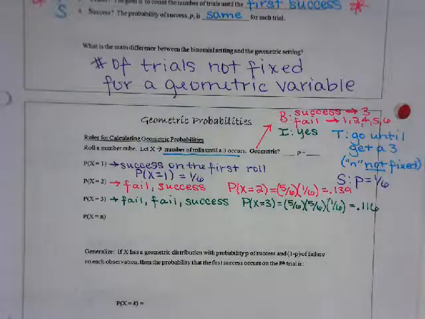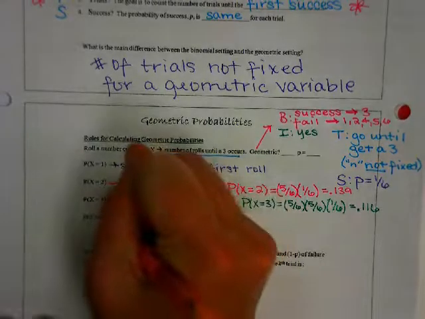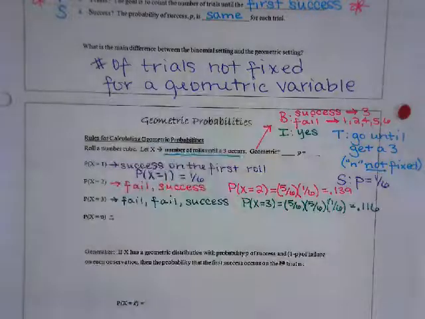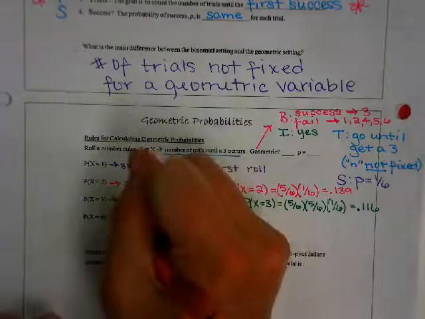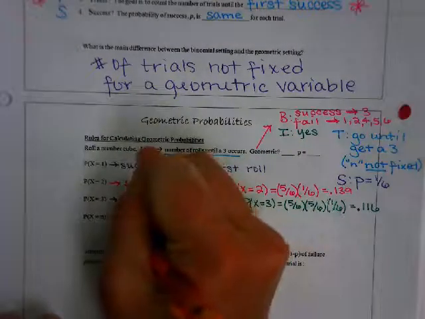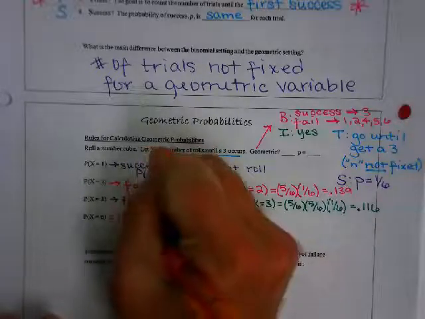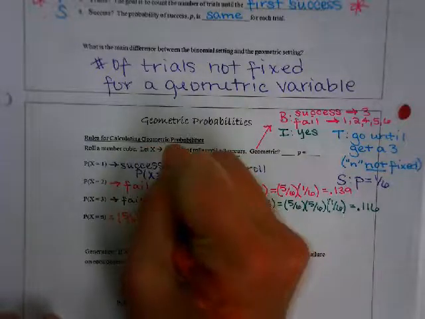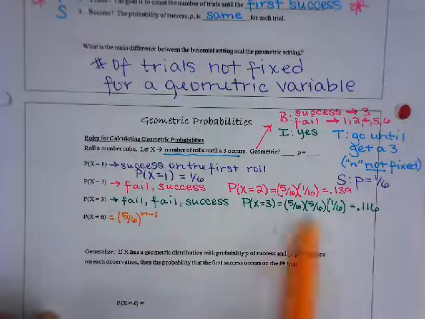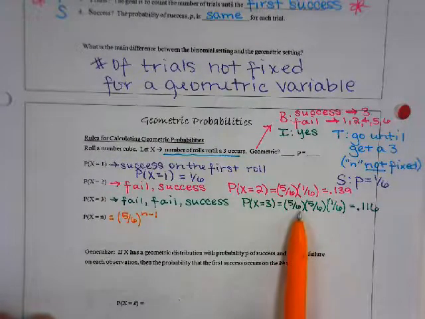So the probability that x equals n is going to be the probability of failure, which in this case is 5/6, to the n minus 1 power. Because here we had 2 failures, so really I could have done 5/6 squared, right? Which is 1 less than the x value we're interested in.